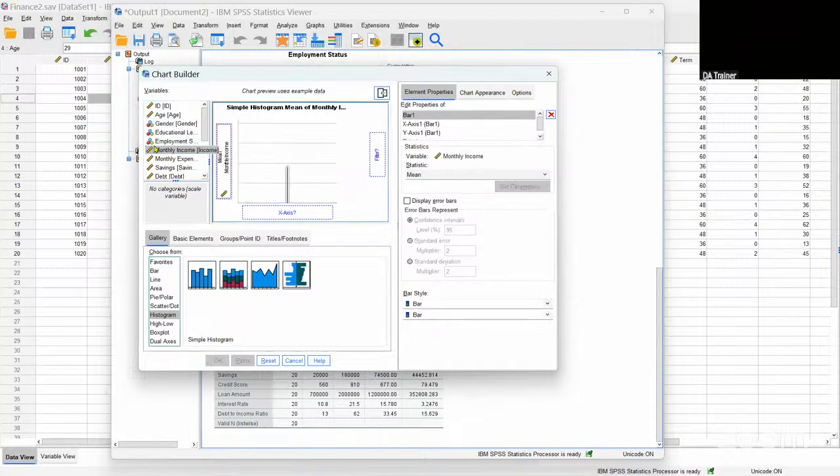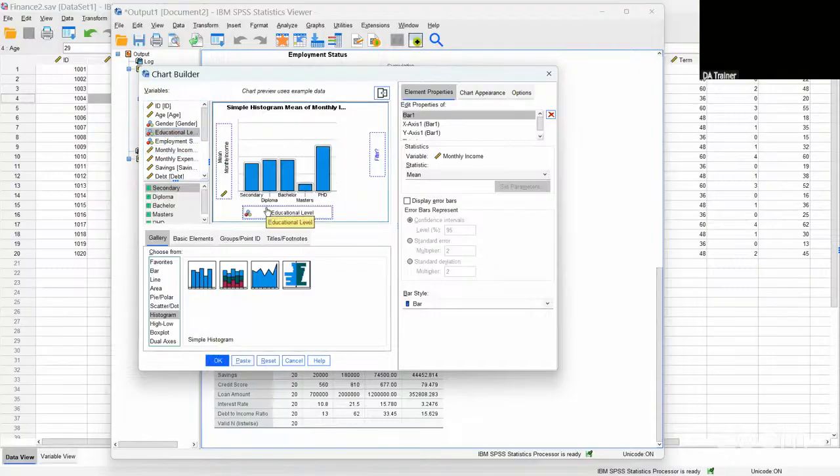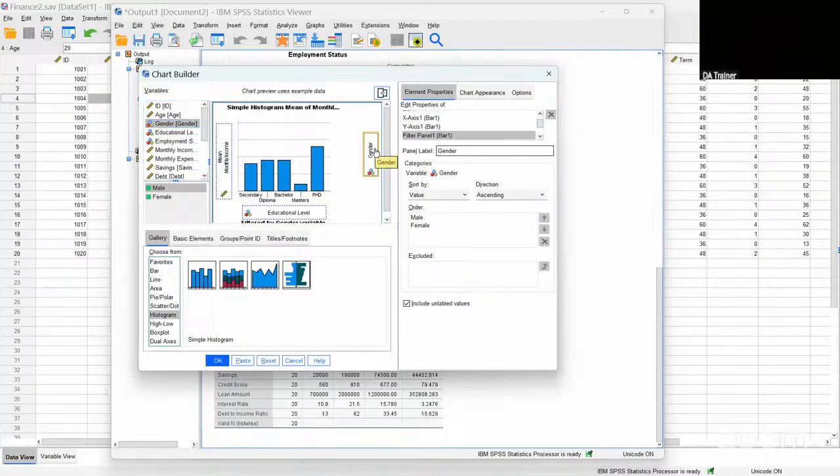Then drag educational level, the level of education, and keep it on the x-axis. And then still drag gender, drop it on filter. Right? Gender on filter.